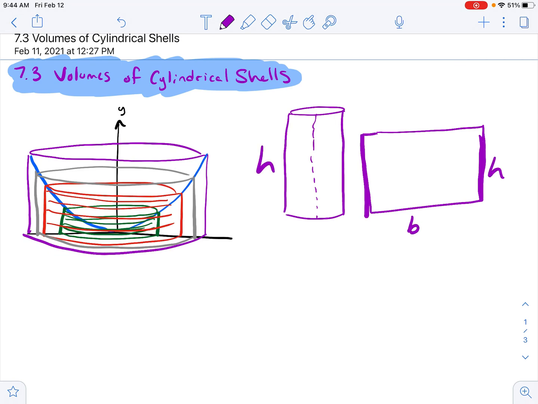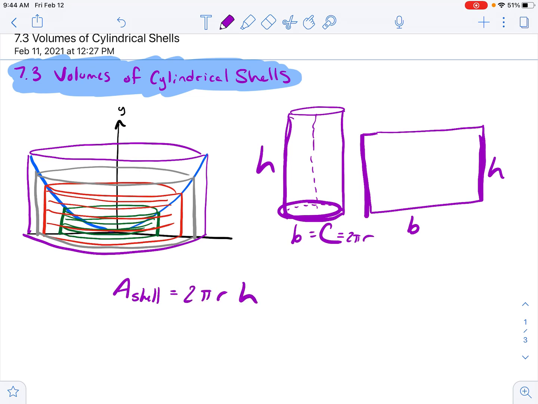Here's the height of our shell. The base, when I roll this back up, is nothing more than the circumference of that circle. So the area of a cylindrical shell is, well, what's the formula for circumference? 2 pi r, so we've got 2 pi r times h.